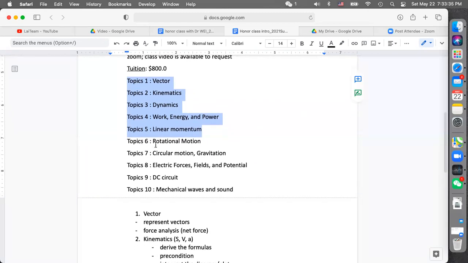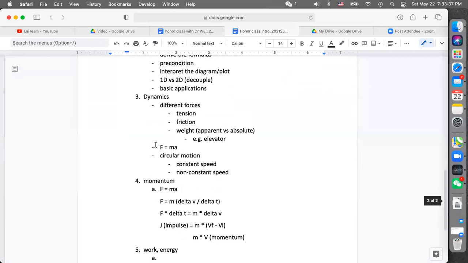When we get to topic 6, we're going to have a side-by-side table. Normally I did that every year, but I also want to do it specifically after we finish rotation motion, so you can compare, right?